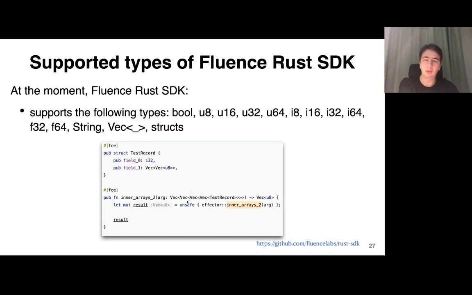For example, you can form your argument like this one: an array of some struct that also has vectors inside. And you can return a vector. This form you can use both in imports and in exports.